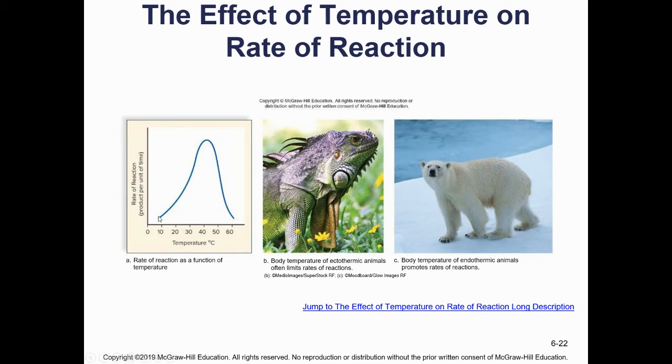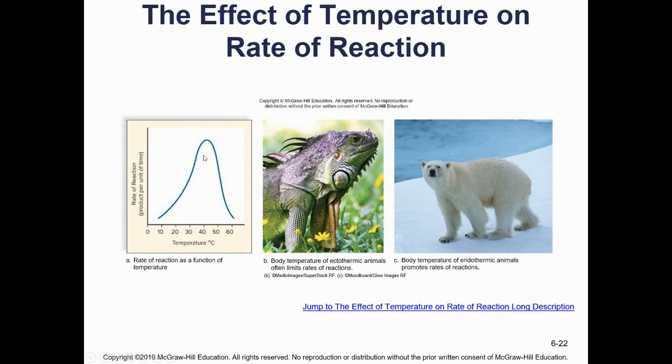Remember, the more my molecules bump into each other, the more I'm going to have reactions, the more my reactants or my substrate bump into the enzymes that are available, the faster the reaction will happen. And we see that as I increase temperature, my reaction happens faster and faster and faster until this point here. This is my optimum temperature for this enzyme. And then it drops off really quickly.